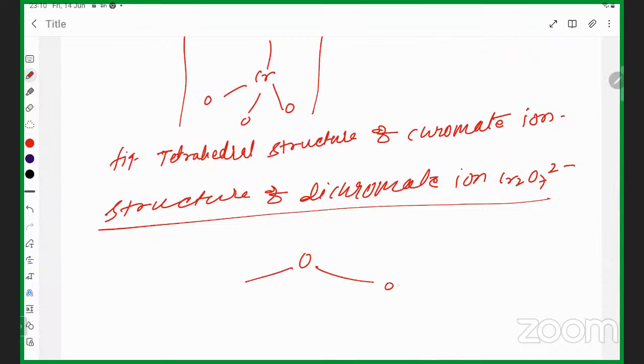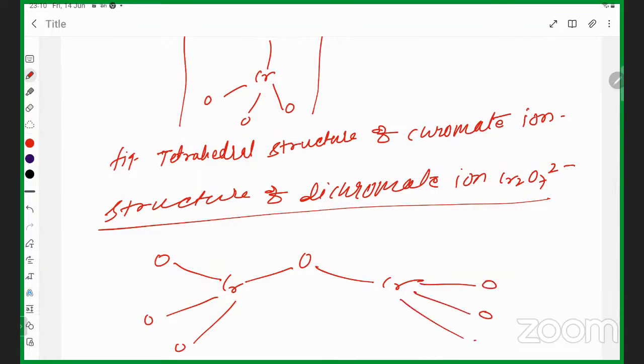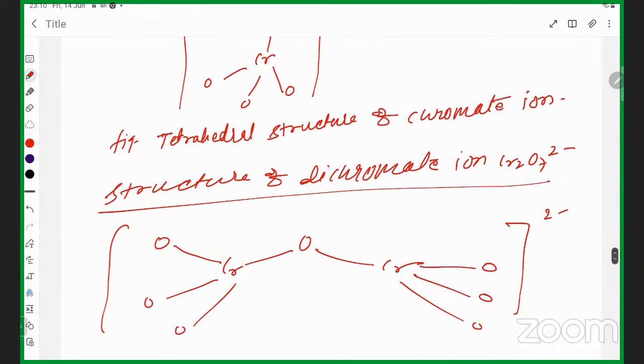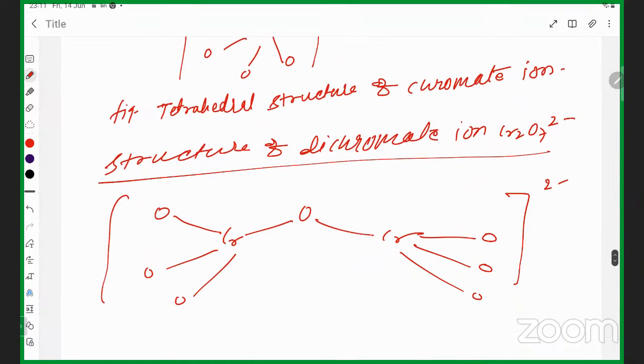Here is the chromium. One oxygen is common and is being shared by the two chromium. Here chromium, chromium, and they are also in a tetrahedral arrangement. O, O, O, similarly oxygen, oxygen. This structure is also tetrahedral, but each chromium atom is linked with the common oxygen. This oxygen is called the common oxygen.